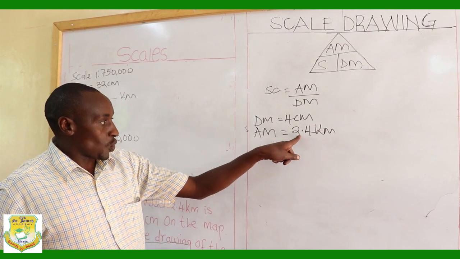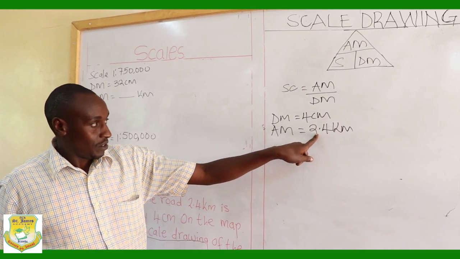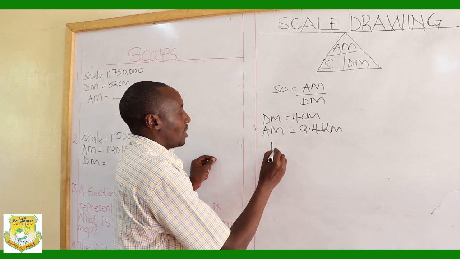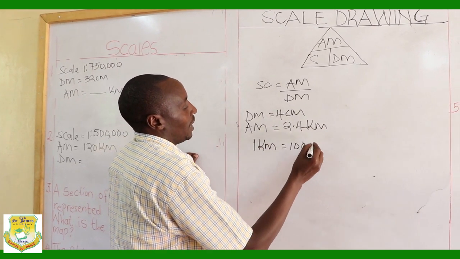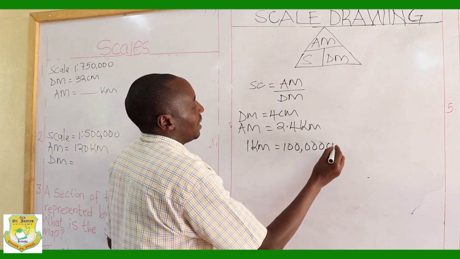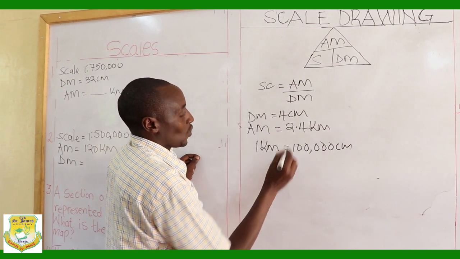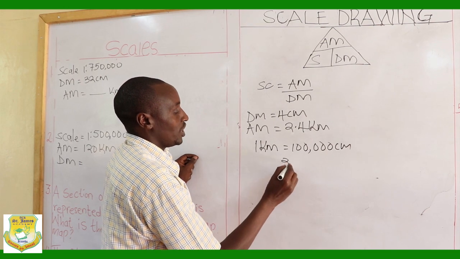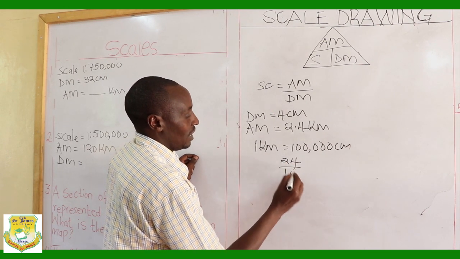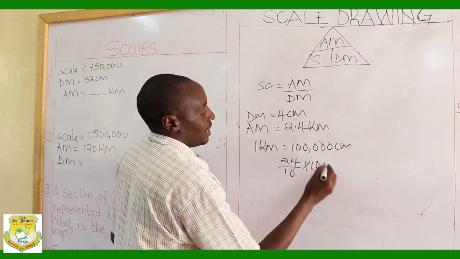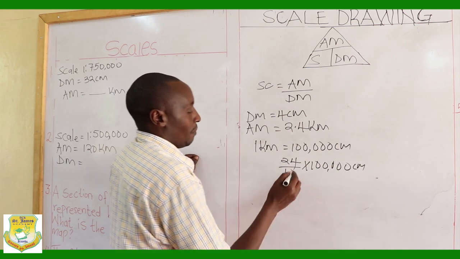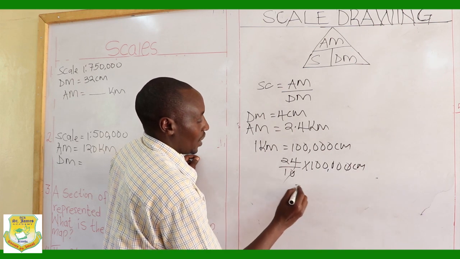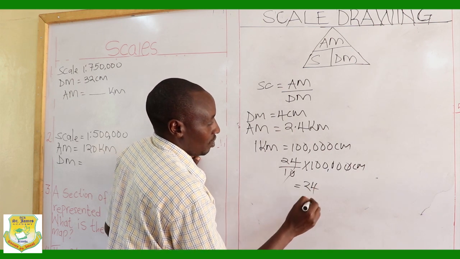First of all, we change this into centimeters. 1 kilometer is equal to 100,000 centimeters. So I write this as a fraction, 2.4 is 24 over 10. Then I multiply by 100,000 centimeters. By 10, by 10. So I get my answer is 24.